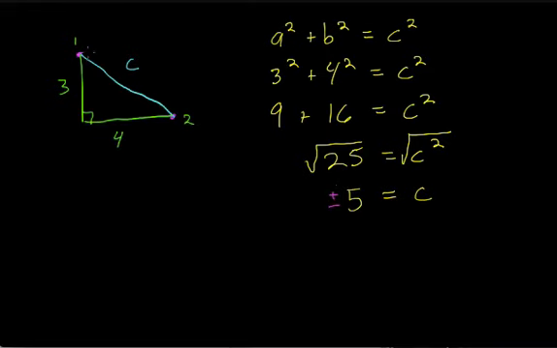Well, since a distance can't be negative, we ignore the negative root and we just take the positive root as being the meaningful answer. So we can say that the length of the hypotenuse, or the distance between point 1 and point 2, is 5 units. So that is one way we can use radical expressions to find a meaningful answer.